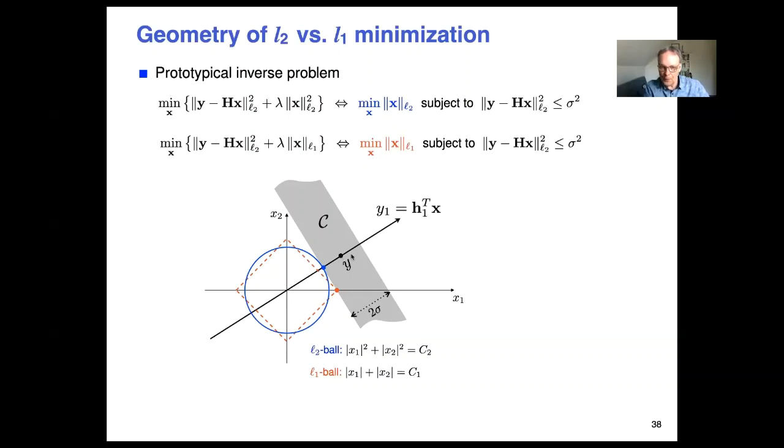Now, if you have few measurements, this H vector will be some kind of long guys like that, and the solution must live in the sum of a few long guys. That explains the streaking artifacts that one often sees in tomography if you try to reconstruct using an L2 criterion.